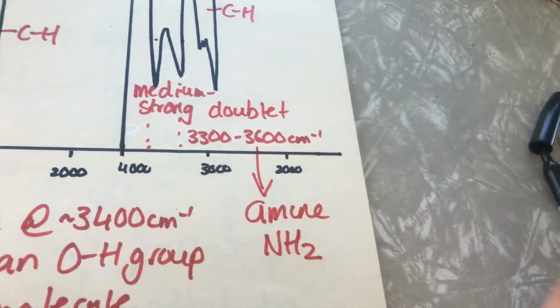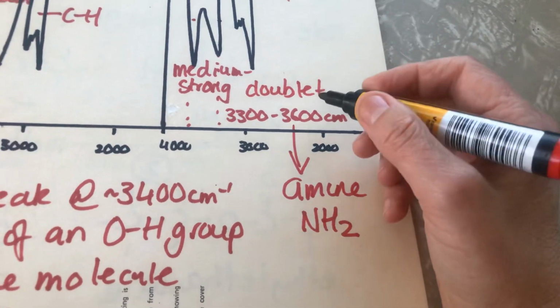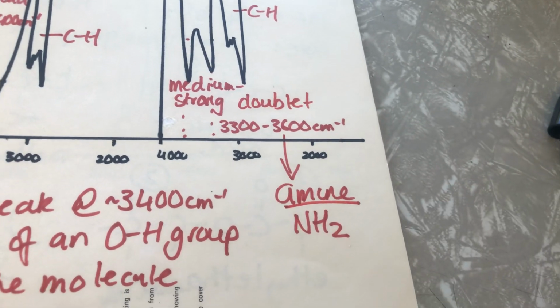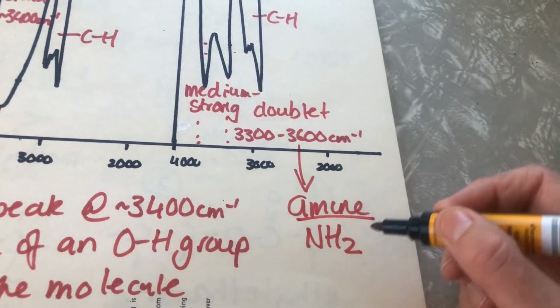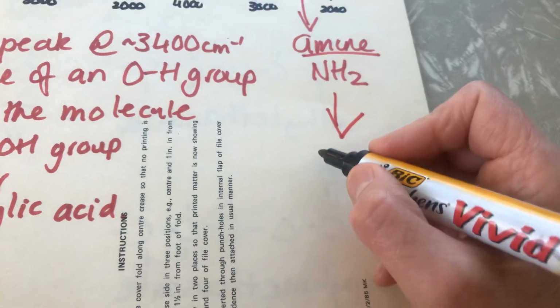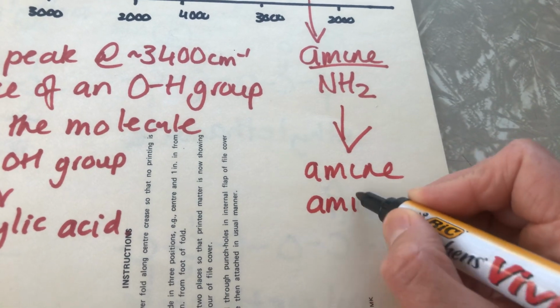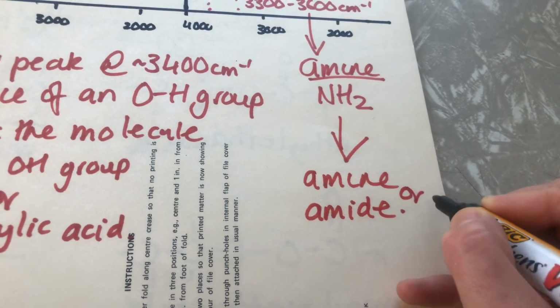Very, very clearly there are two parts to that peak there, two peaks in one. And that also is indicative of an amine. Okay, so doublet, amine, NH2. Analyse that. Our molecule must, if we have this, be an amine or an amide, which also has the NH2.